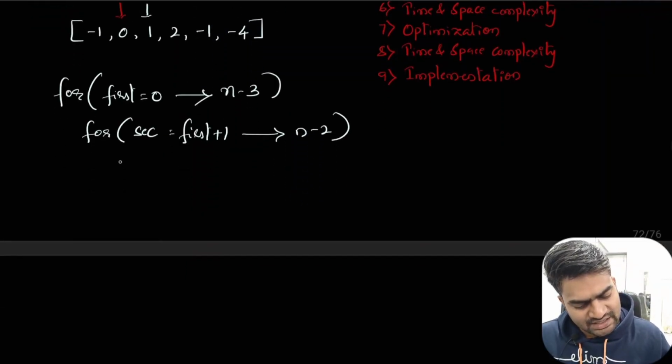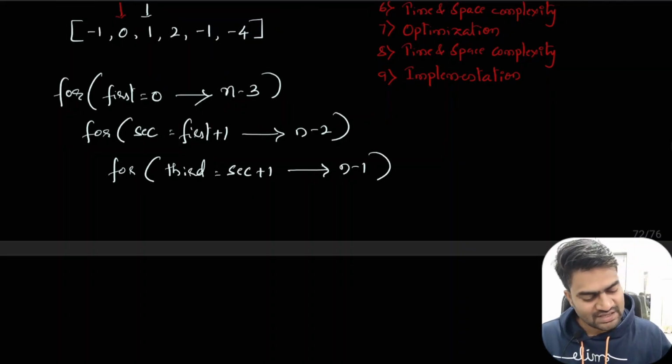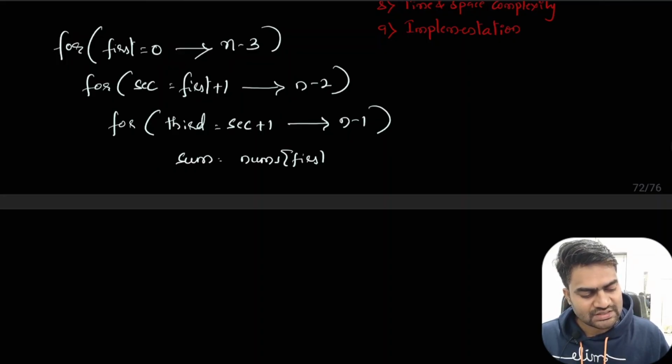Next, I will take another for loop for my third number, which will start after my second number, because I cannot take first and second values. So it will be second plus 1 till n minus 1. Okay. So with this, now I can sum nums of first plus nums of second plus nums of third.